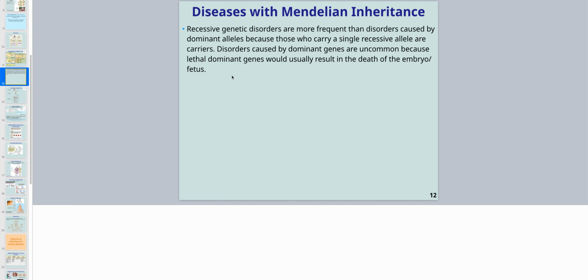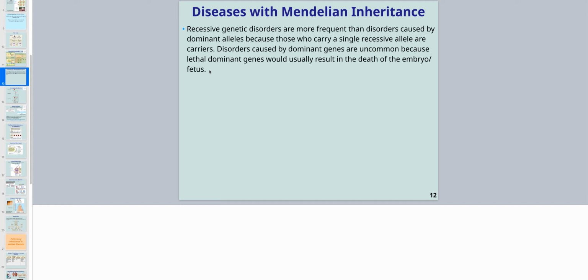Next slide, this goes over the fact that recessive genetic disorders occur at a higher frequency than those caused by dominant alleles. That is oftentimes because in some cases, when an individual inherits or happens to be homozygous dominant, then it can become a lethal condition, meaning that they may not live beyond their fetal state.